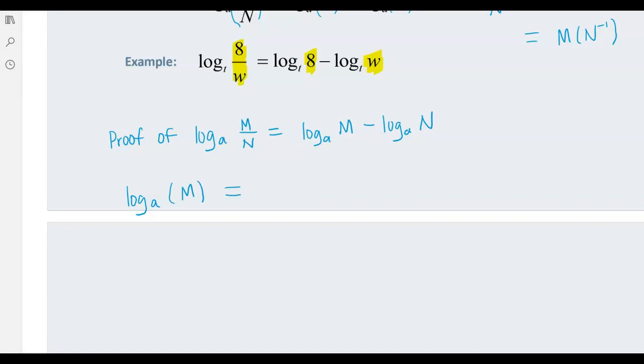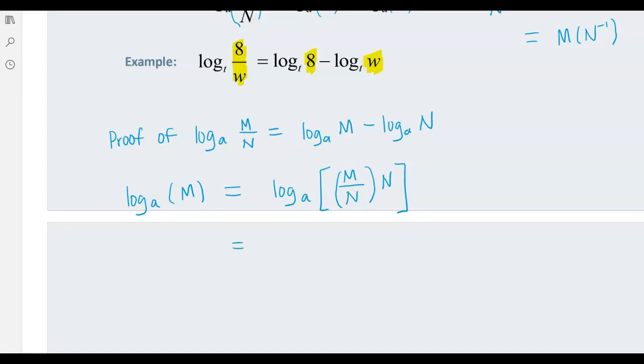And then I can rewrite this as log base a of, I'm going to take m and divide it by n, and then I'm also going to multiply by n. So technically the n's cancel each other and I would be back just with m, but I'm writing it this way so that I can use the product rule from the last example we saw.